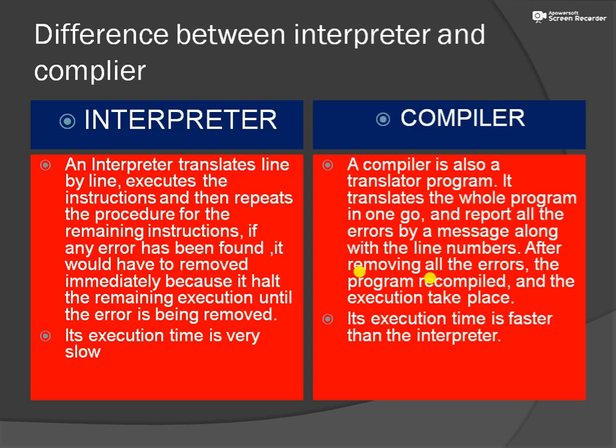Compiler. As we know, compiler is also a translator. But compiler translates the whole program in one go and reports all the errors by a message box with the line number.